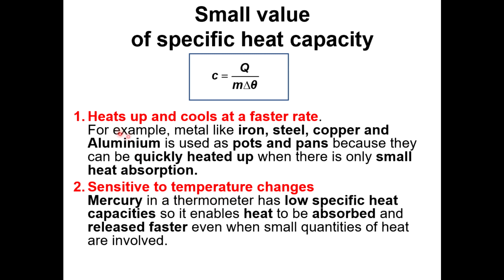So for example, you see metals like iron, steel, copper, and aluminium used as pots and pans because they can be quickly heated up when only a small heat is absorbed. Example, mercury that is used in the thermometer has very low specific heat capacity, so it enables heat to be absorbed and released faster, although a small quantity of heat is absorbed or released.